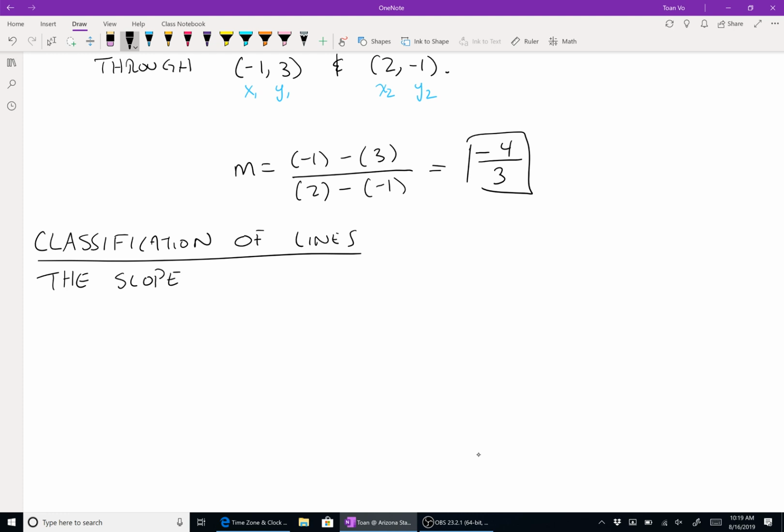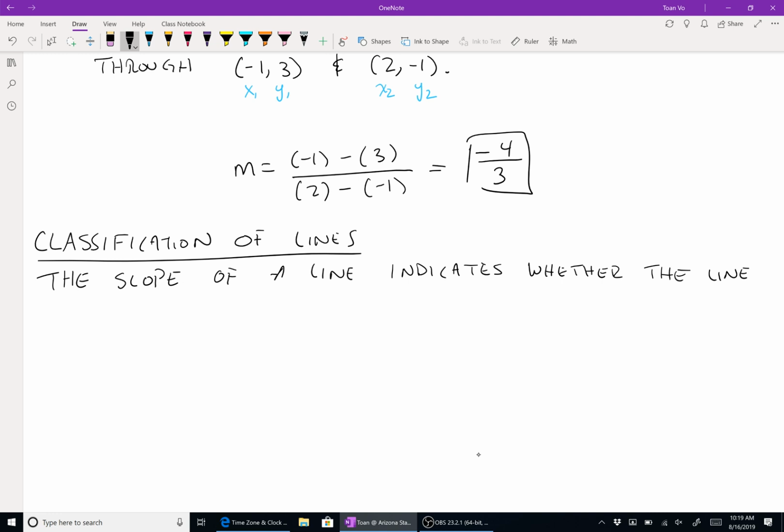So the idea is that the slope of a line indicates whether the line, and here are the following options.